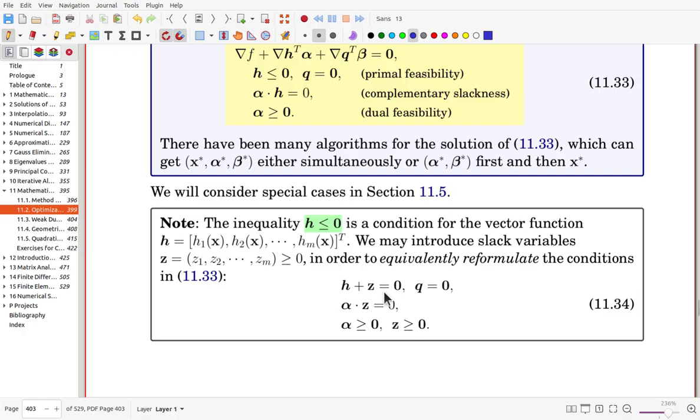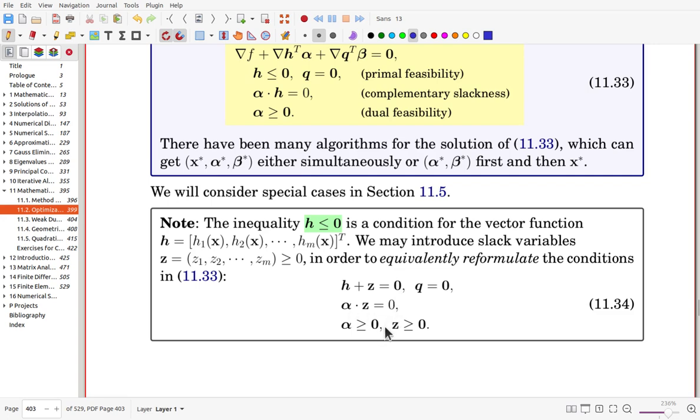So we can write this as an equality, and q is the same. Now alpha dot h is 0, so alpha z must be 0. So rather than alpha dot h, we may use alpha z equals 0.